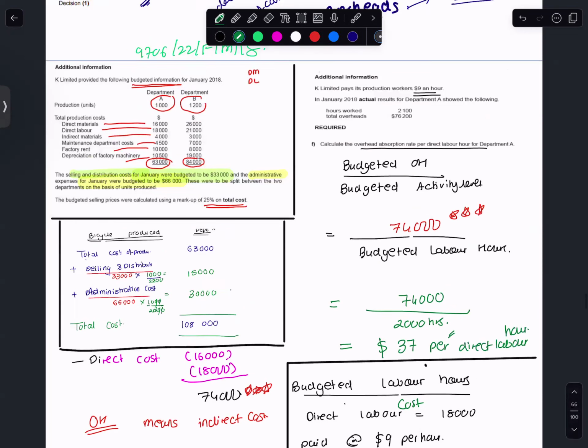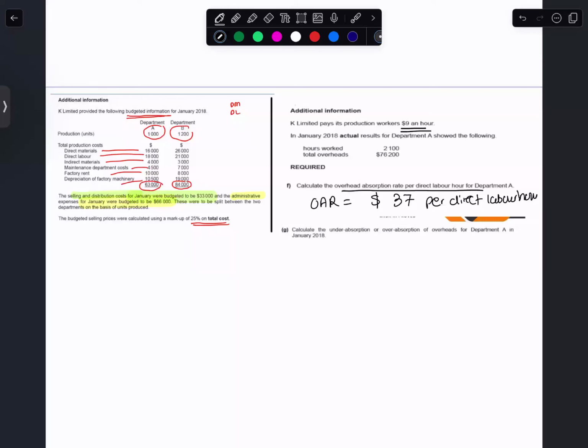Are you with me? Yeah. Sure? Yes, miss. Okay. They have asked us to calculate under absorption or over absorption. Are you with me? Come on, what is my actual overheads? Actual overheads are 76,200.